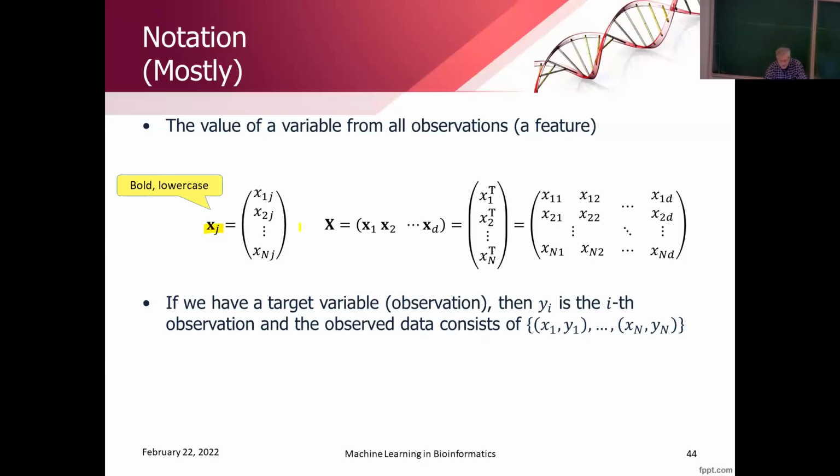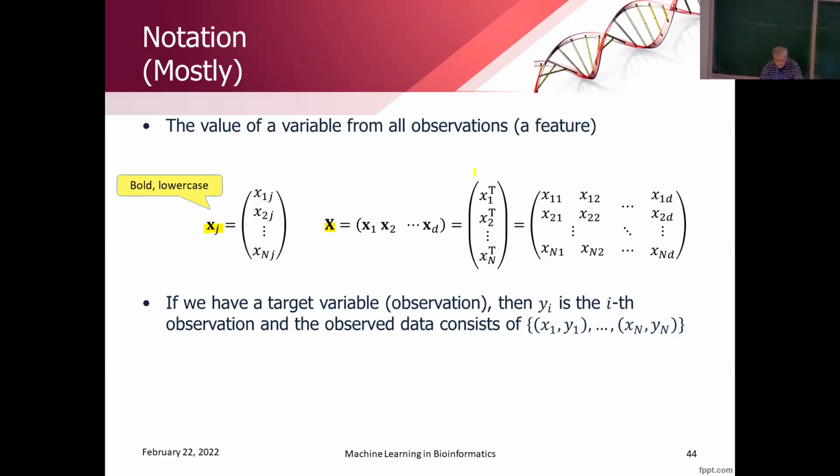So we can write that the capital X observation matrix is a concatenation of these vectors boldface x1 till boldface xd. These are column vectors, and put together they will form the matrix capital X.